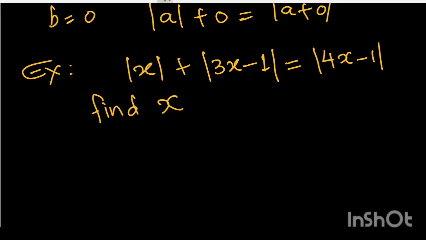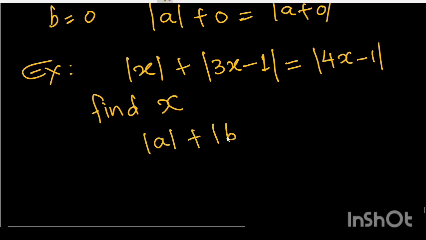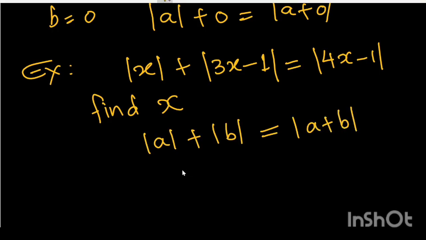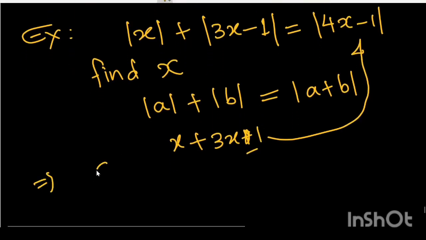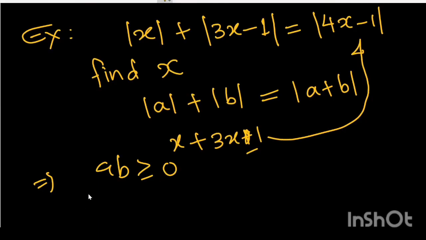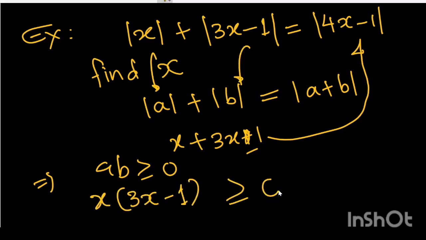As you can see, if you inspect, you will observe that this fits into the rule |a| + |b| = |a + b|, because if you add x plus 3x − 1, you will get 4x − 1. Therefore we can say that ab has to be greater than or equal to 0, where a is x and b is 3x − 1. So x(3x − 1) ≥ 0.